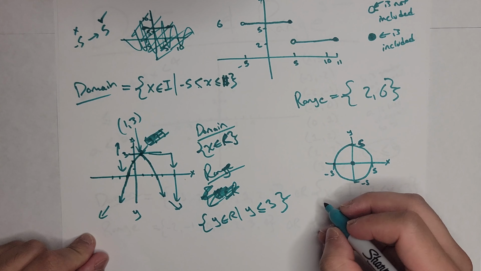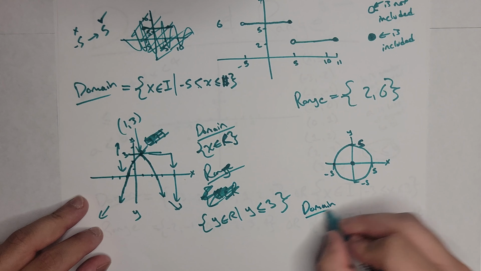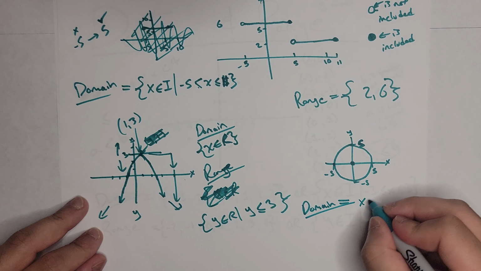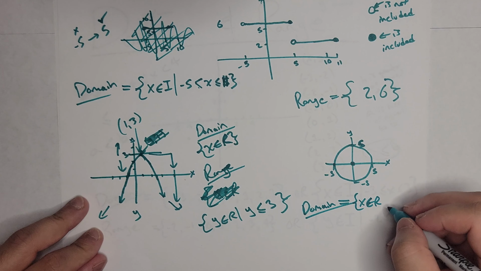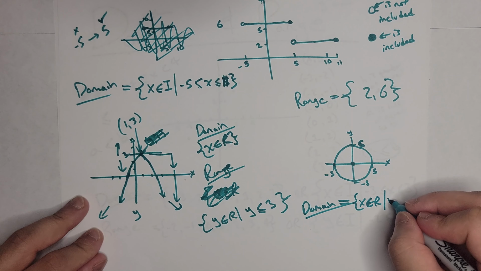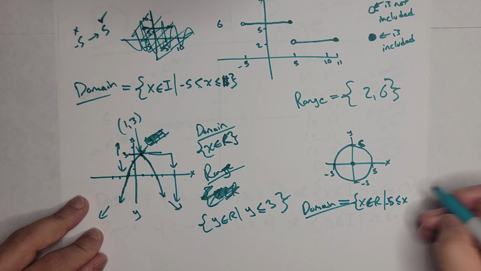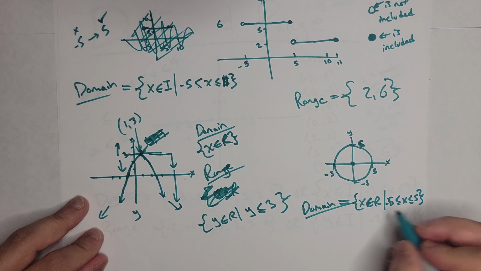So for a circle, it's very easy. Our domain is x ∈ ℝ, -5 to 5, and same with our y.